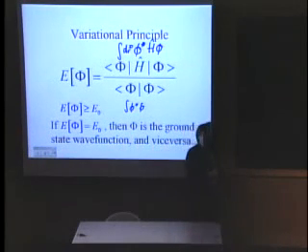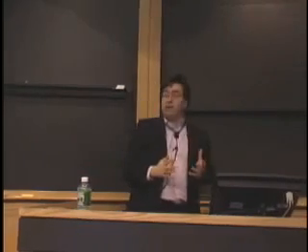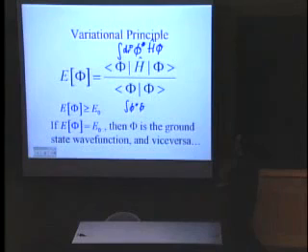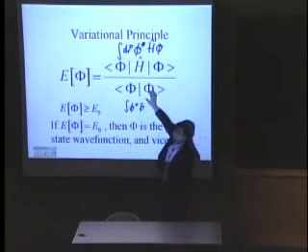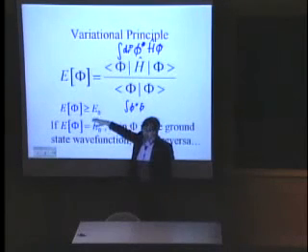It will never be an exact solution unless we examine all the possible wave functions in the world, but it's a solution that becomes better and better the more systematic we become. The more wave functions we try, the better our solution will be.